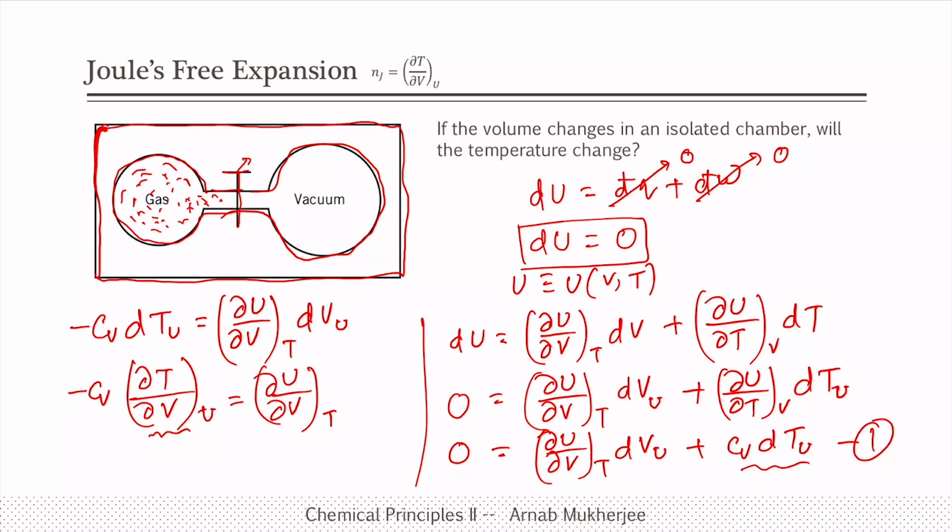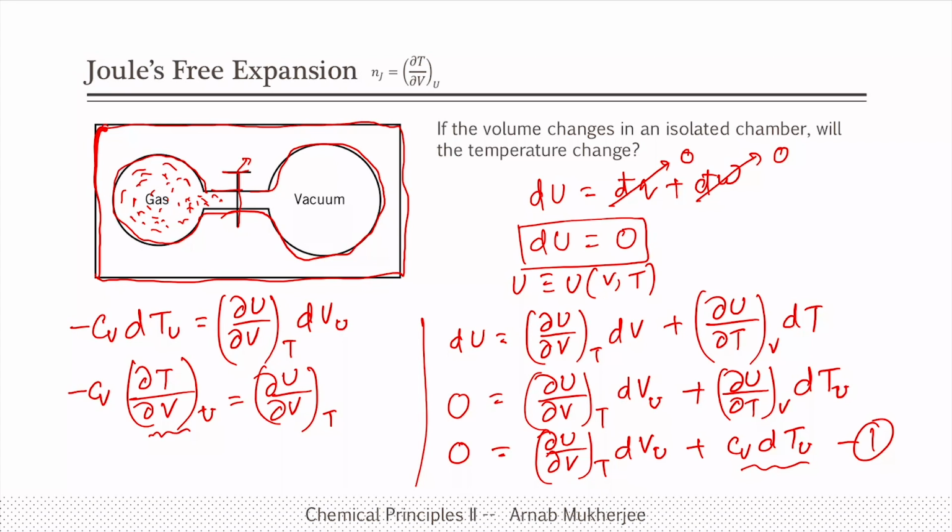In order to see how much u changes when I change the volume keeping the temperature constant in an isothermal condition, I can get that by knowing two things, C_v and ∂T/∂V at constant u. That is the sole purpose of having this relation.